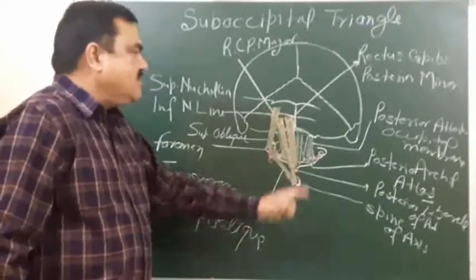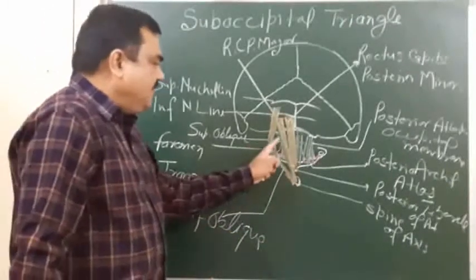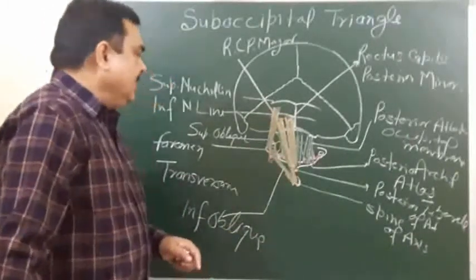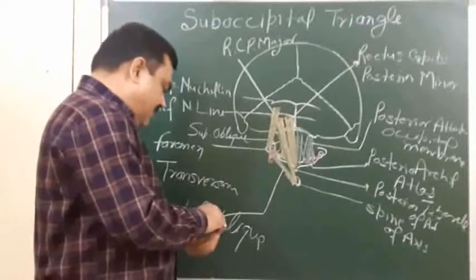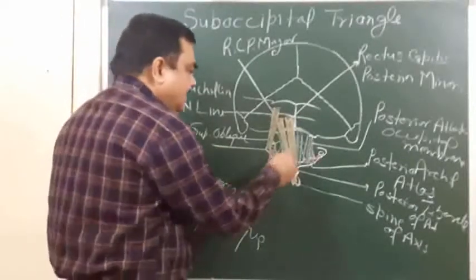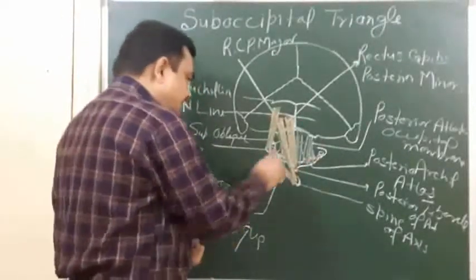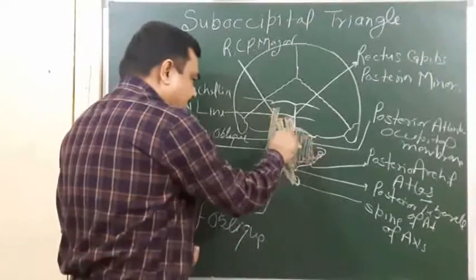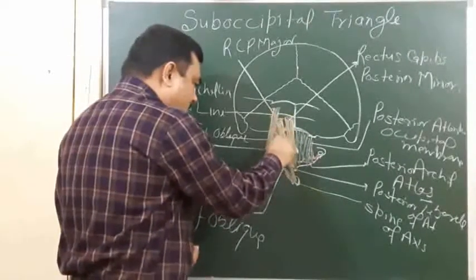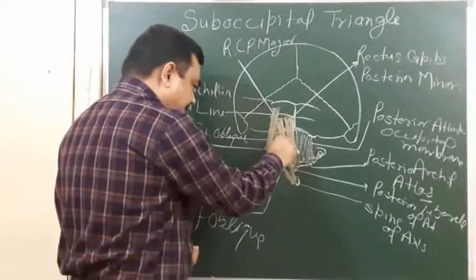So these two muscles form the superomedial boundary. The floor is formed by the posterior atlanto-occipital membrane.